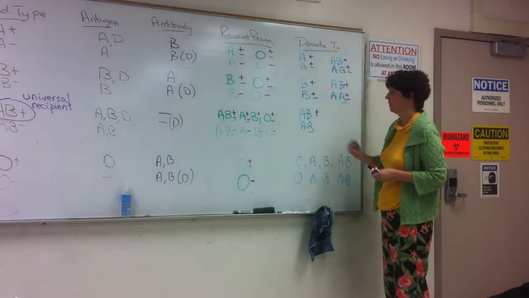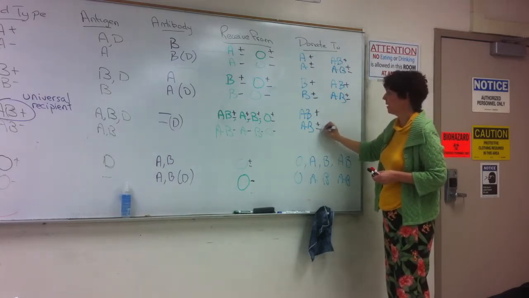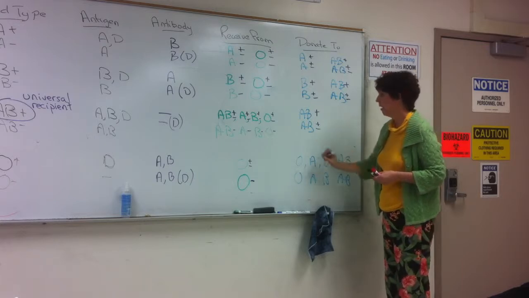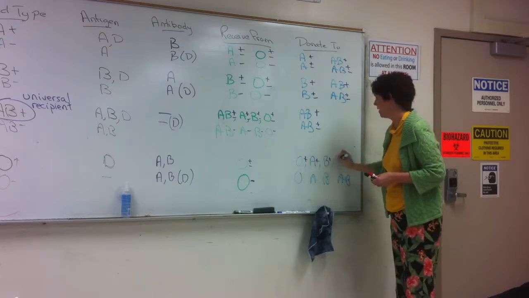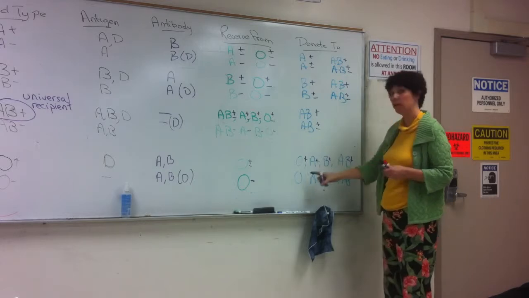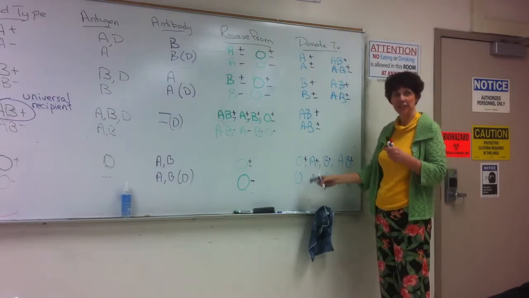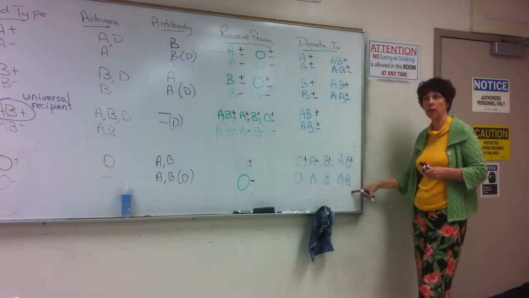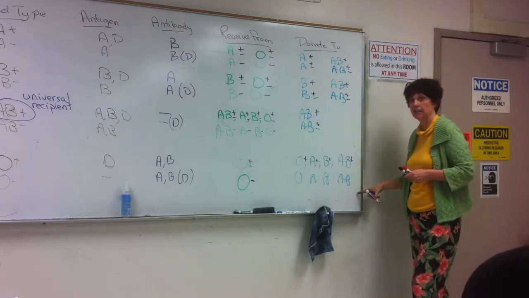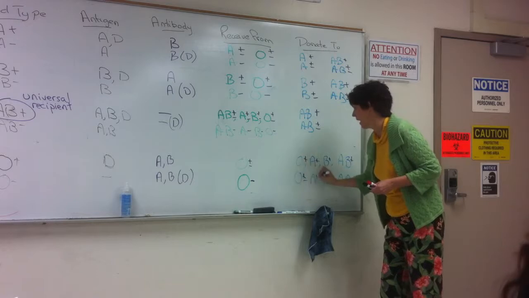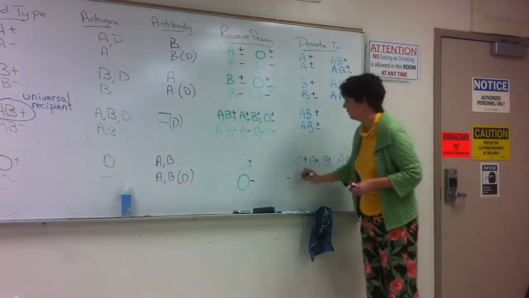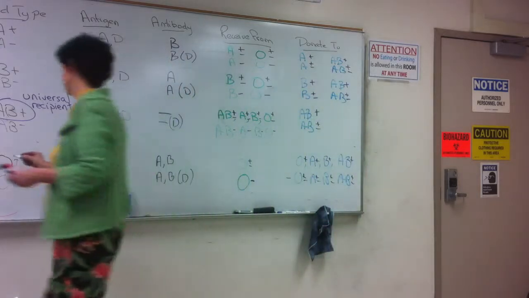AB positive, only to AB positive, AB negative. It doesn't matter. O positive, only to O positive, AB positive. O negative now, you can see why it's a universal donor. We already knew it could give to all of the O, A, B types because it doesn't have the antigen, positive or negative. So this one is a universal donor.